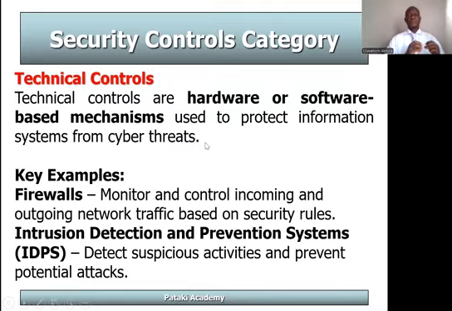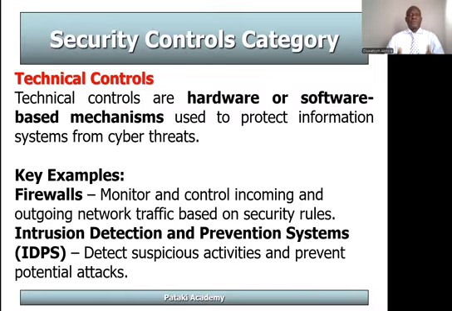Now, the next category is security control category. What are the categories? We have 4 categories. One of them is technical control. Technical controls are hardware or software-based mechanisms used to protect information systems from cyber threats.